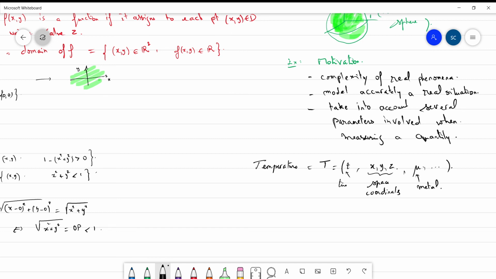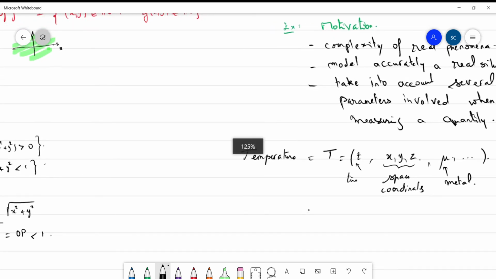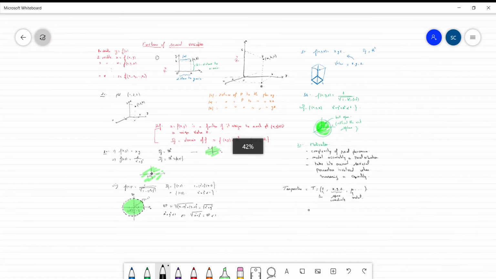So this is why it is also important to develop tools for studying such functions. You already see that they are complicated to visualize. Even if you know a formula of the function, it's not feasible to take points.